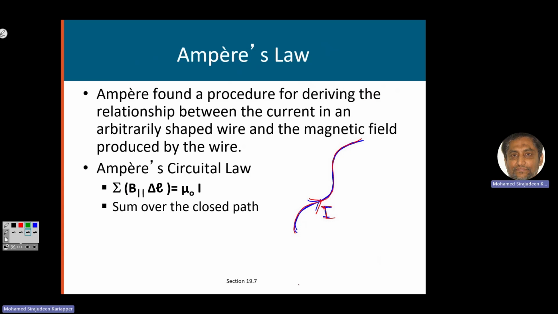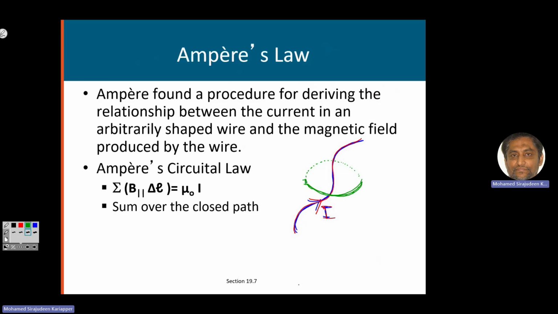a circuital path. Circuital means a path which starts from a place, goes through a line and comes back to the same place, a closed path. So let me imagine a path, the green path.